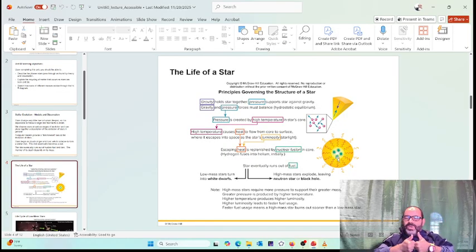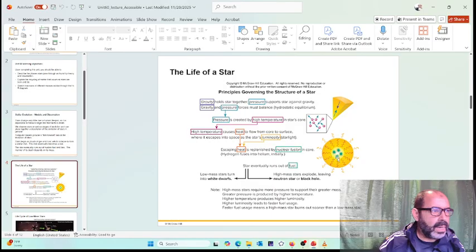So in this case, you really need more heat to maintain that balance. So you need faster nuclear reactions in the core than a low mass star. Because for a low mass star, you don't need as much heat to balance the gravity. Whereas for a big, massive star, it wants to collapse on itself because of the gravity, so you need more heat to maintain that equilibrium.